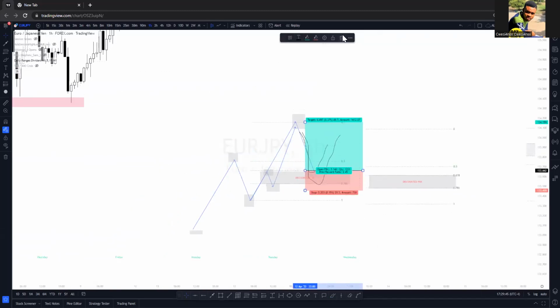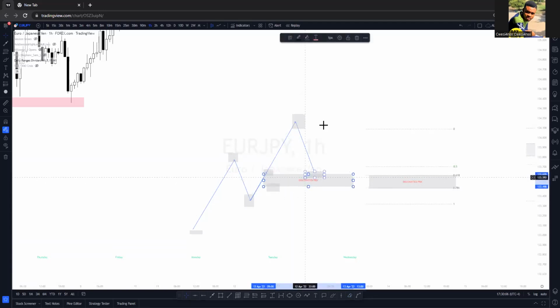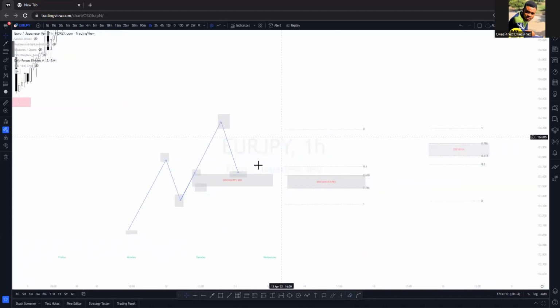So what we do as advanced smart money traders is we use the Fibonacci to look for where price is likely to reverse, where there are orders lined up, right? Whenever you want to buy something, you wouldn't like to buy it at a higher price.